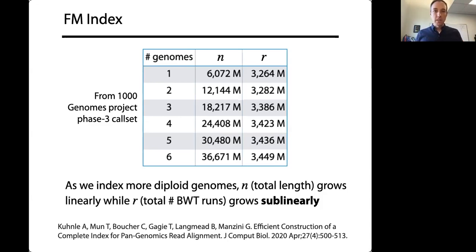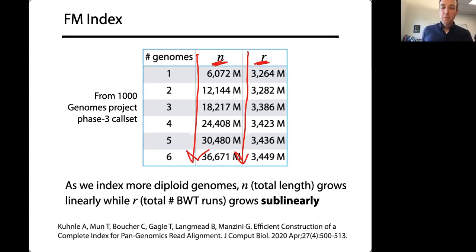It's growing sublinearly, because with each new genome, the number of runs is going up only, vaguely speaking, proportionally to the amount of new sequence in the new genome, and not proportionally to the amount of sequence, period. So for example, if you were to build a series of strings out of an increasing number of diploid genomes, their length increases as the numbers that you see in the N column, but the number of runs in the Burrows-Wheeler transform increases only with the numbers that you see in the R column.